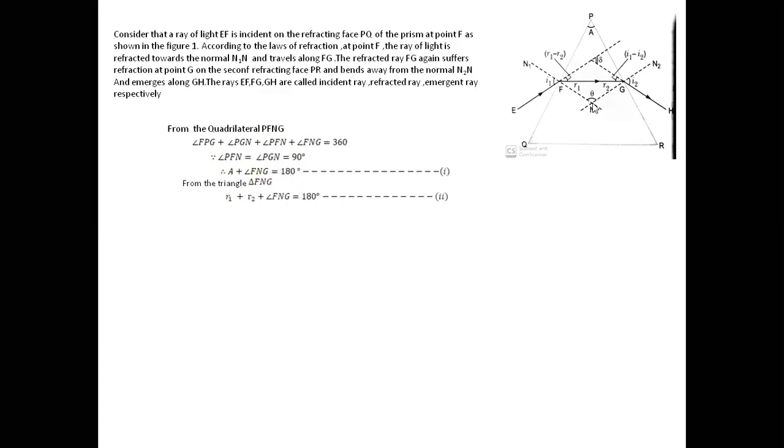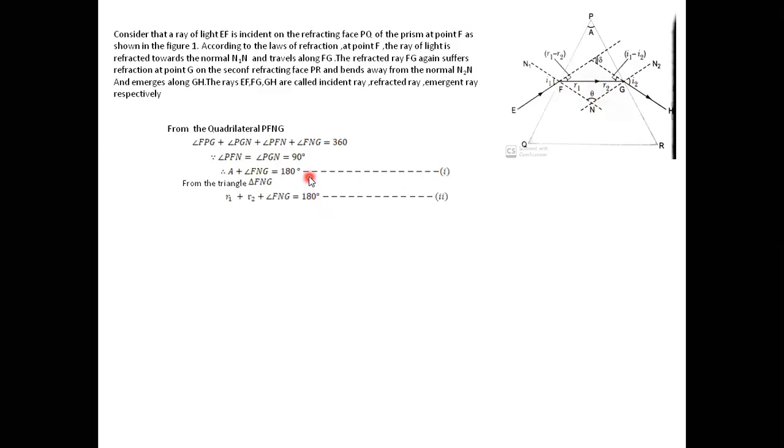R1 is nothing but NFG, and R2 is nothing but NGF. So these two angles plus FNG, which I have written as theta, if you take the angle sum, it comes out to be again 180 degrees.